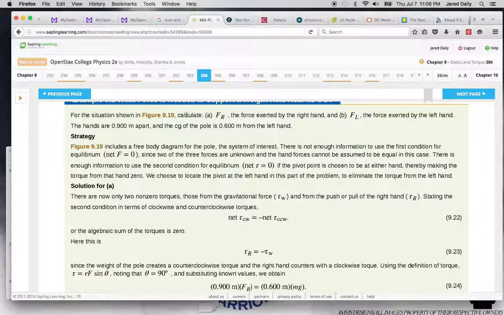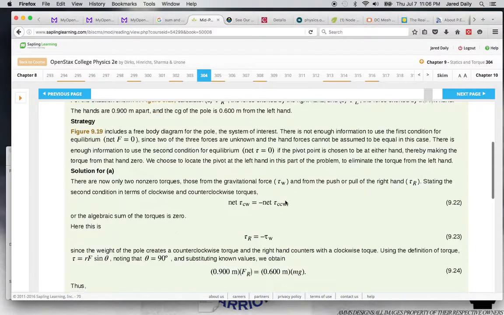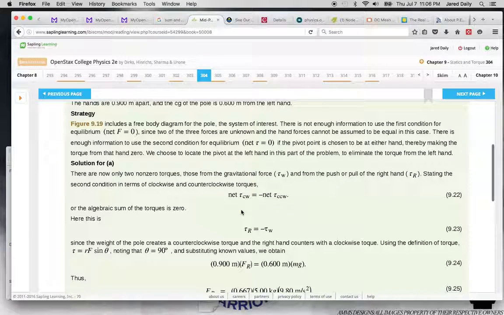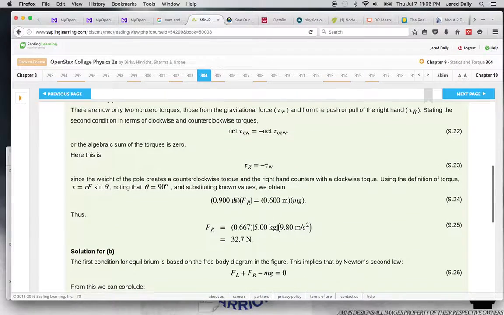We're doing one of these bar problems from that previous page here, and you can see that the net torque has to equal 0, and in the end what that really means is the clockwise torques have to equal the negative of the counterclockwise torques. And so you get an equation from that.